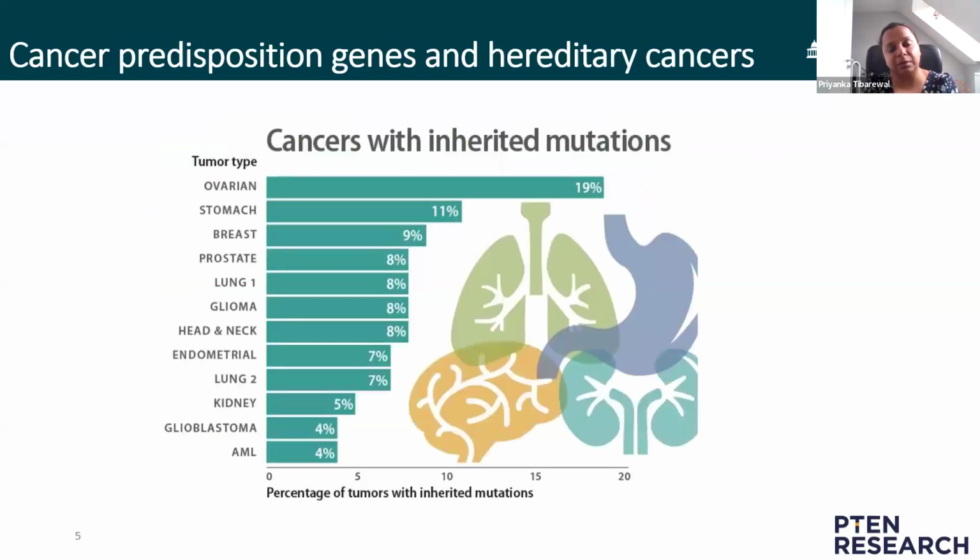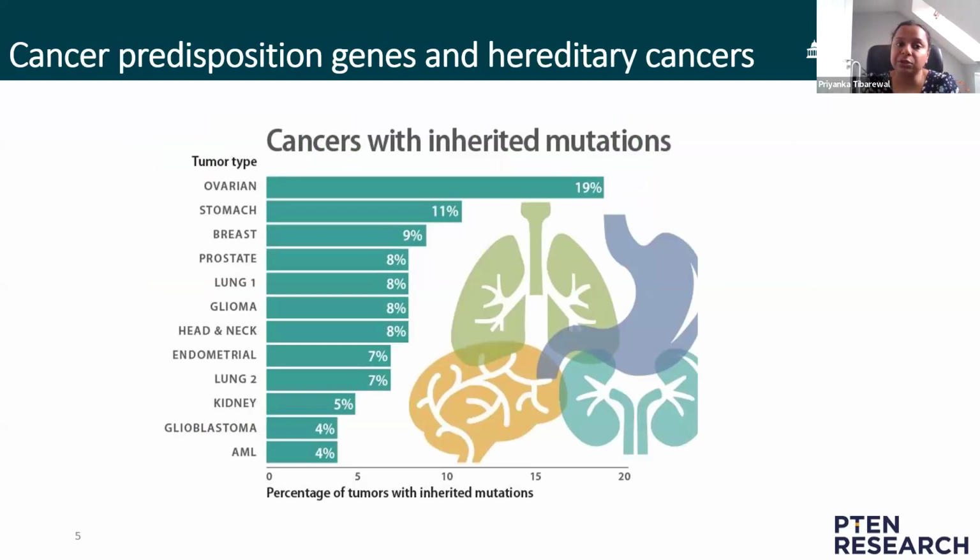So we talk about PTEN and we know that it's a cancer predisposition syndrome, but the more we learn about cancer, the more we know that there are many, many other cancers with inherited mutations. You must have heard about the BRCA genes, which can be passed on from a parent to a child.